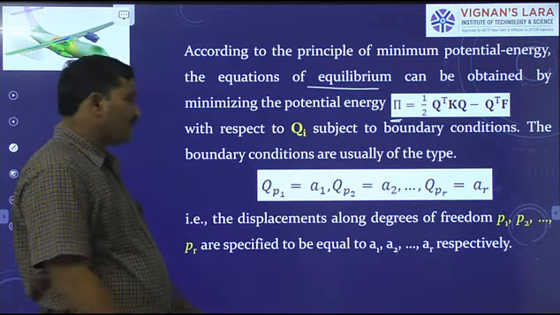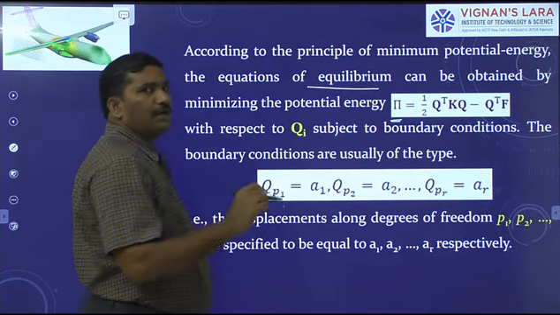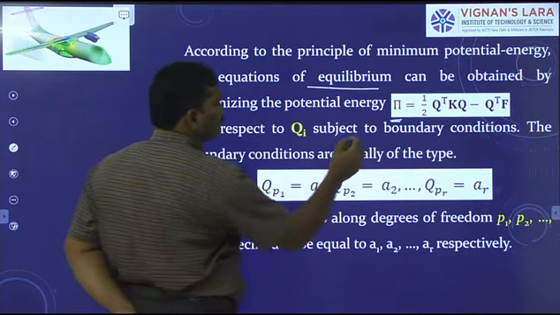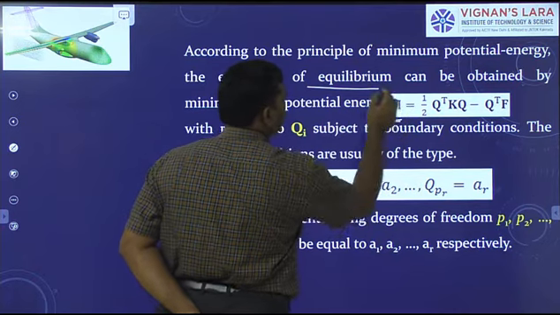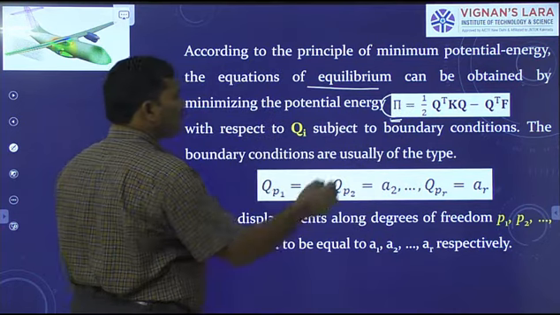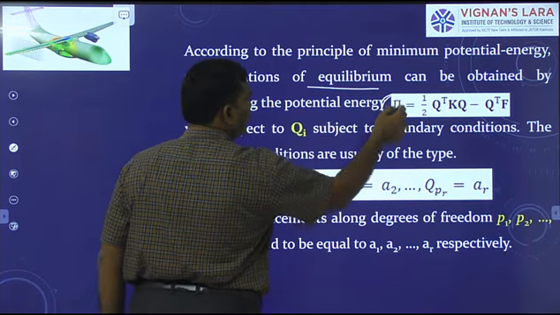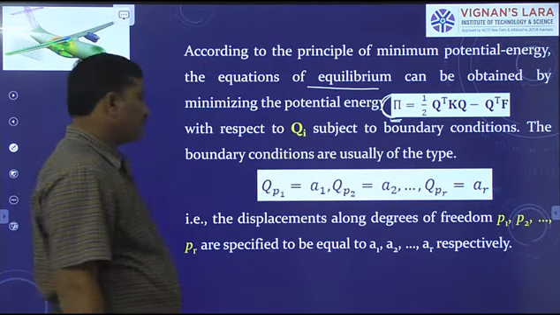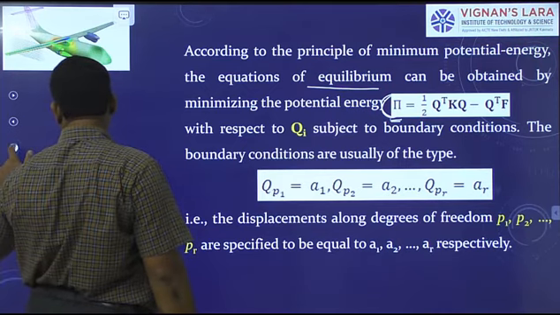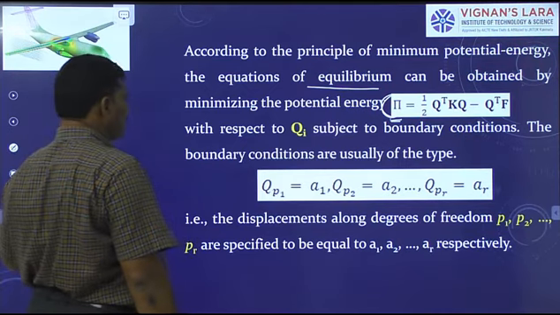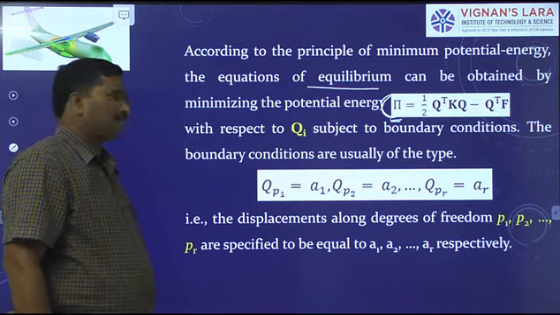To develop the finite element equations according to the principle of minimum potential energy, we have to minimize the potential energy phi, right? Now, what type of boundary conditions will exist? That we see.